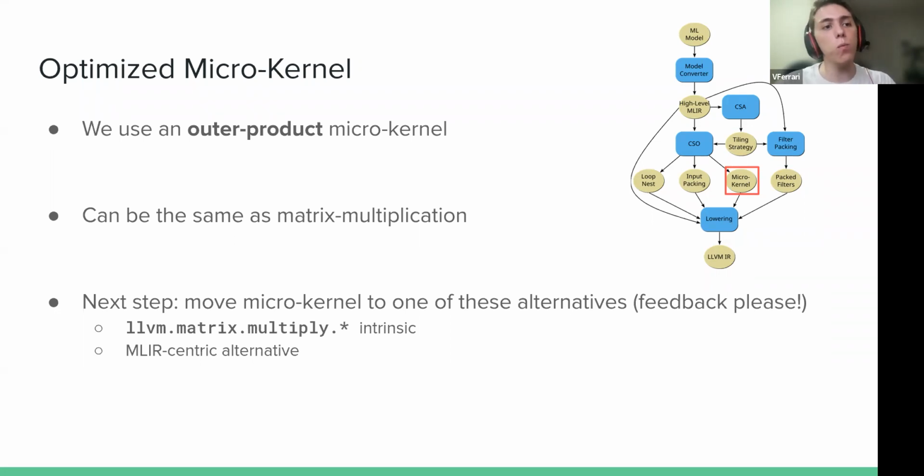But it can be emulated in different architectures. So I'm going to start by talking about it with using outer products that are hardware implemented, because it's simpler. But you can just keep in mind that if we don't have this implemented in the hardware, you can just emulate it, and it will be the same thing.